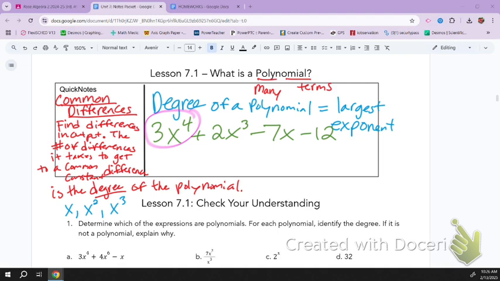We would say the degree of this polynomial is 4. It would follow a fourth pattern. Okay, and we'll start using Desmos here soon, but not today. Today we're just trying to introduce the basics of a polynomial.